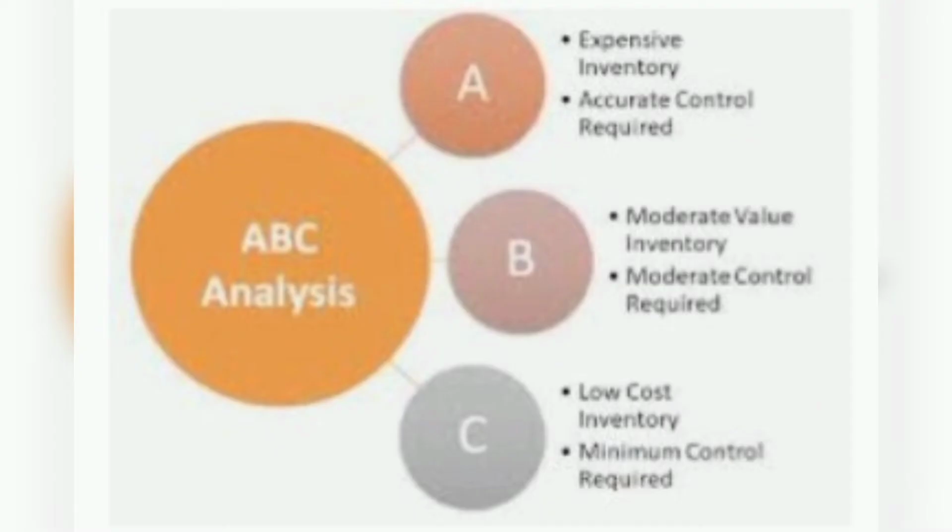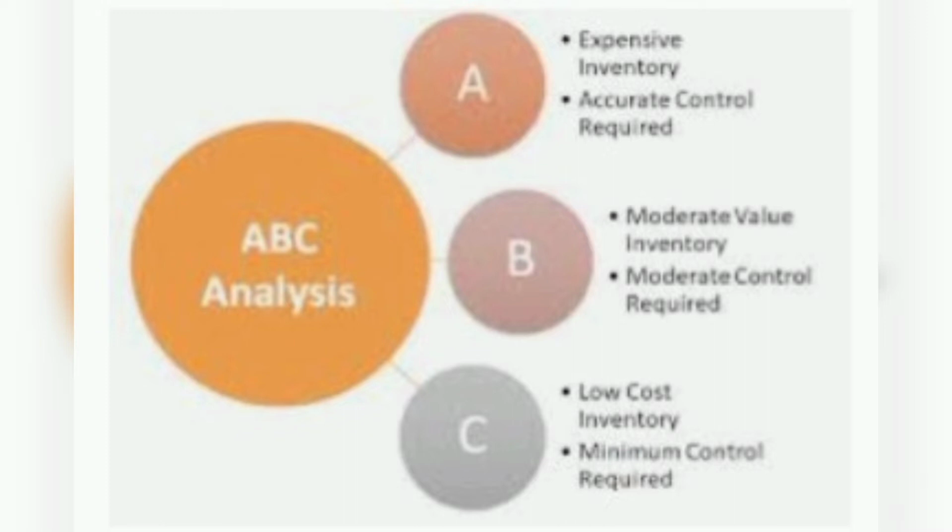And also the pharmacist should be well versed with the ABC analysis. What is ABC? A stands for expensive inventory, and a pharmacist should have accurate control on this expensive inventory. B is a moderate value inventory, and moderate control is required.